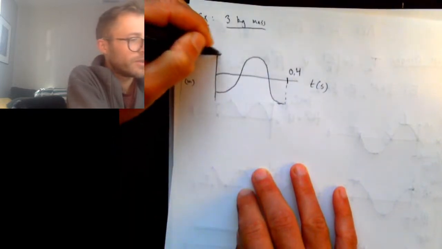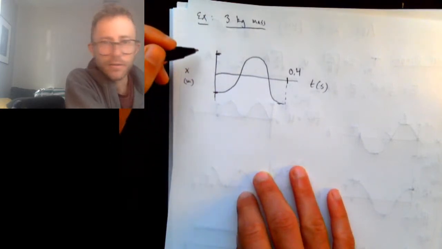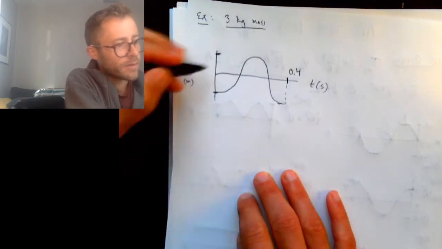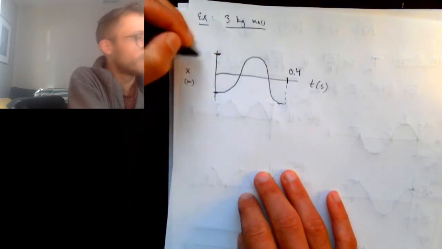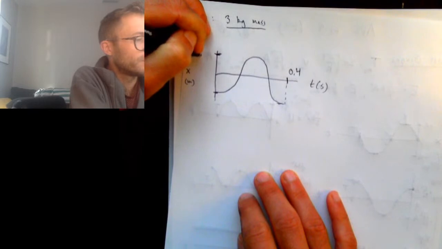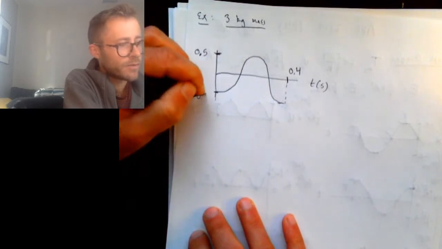We will say that this is the amplitude. Okay, so the amplitude is going to be, let's say, 0.5 meters. And so then this would be minus 0.5.